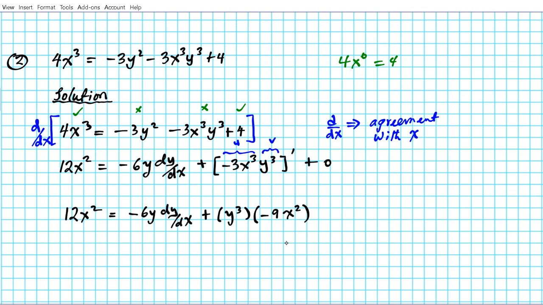All right, so when you're differentiating u, there's agreement, okay? But when you're differentiating v, there's not agreement. So vu prime, let's indicate what we have. This is vu prime, that's the product rule, plus uv prime, right? Okay, so u is what? So plus u, which is negative 3x to the third.